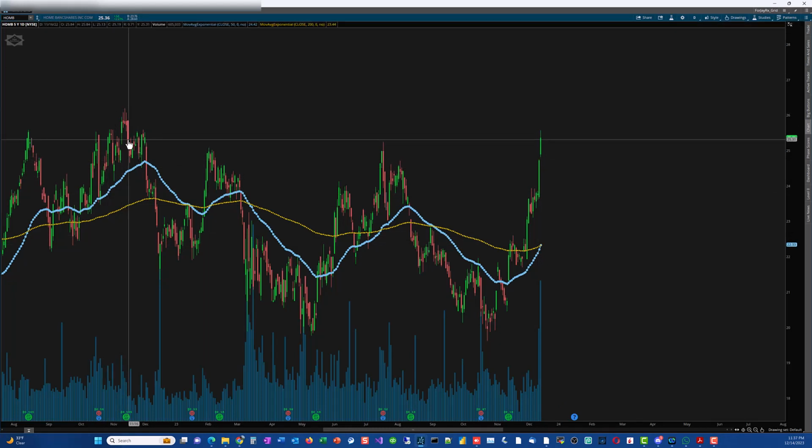Mind you, I don't really care what the company is. I'm just looking at my criteria. And when this happened, you notice that when it did cross, there's a big jump. So you wouldn't want to get in right away, because immediately there's going to be some profit taking and people are going to take it down.